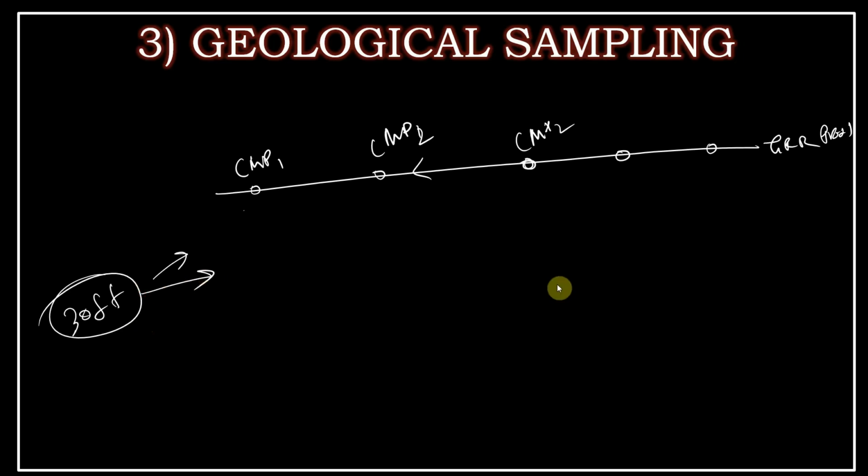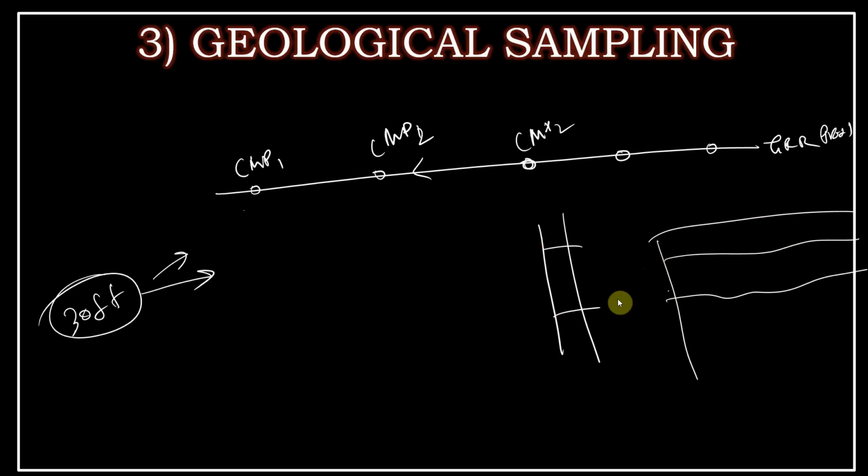Let's say you have done some geological sampling, and that sampling will be calibrated with the GPR section. So this GPR boundary and GPR depth will be calibrated using this geological sampling. These 3 things you should do before you start the actual survey, okay.